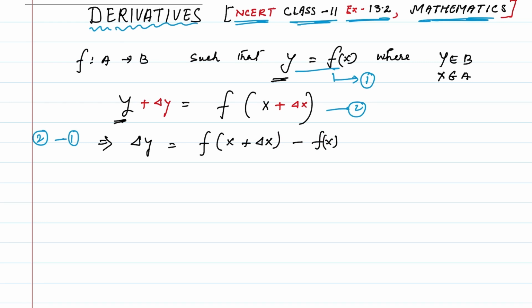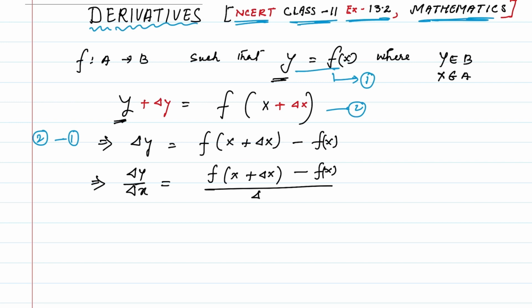Then what will be the ratio of increments? Del y by del x: divide each side by del x, then you will get f of x plus del x minus f of x divided by del x.